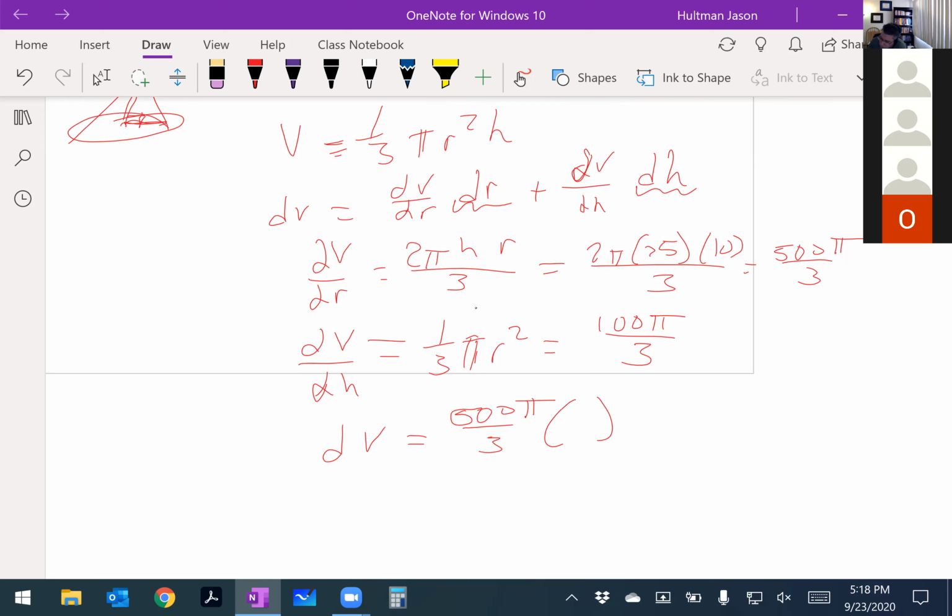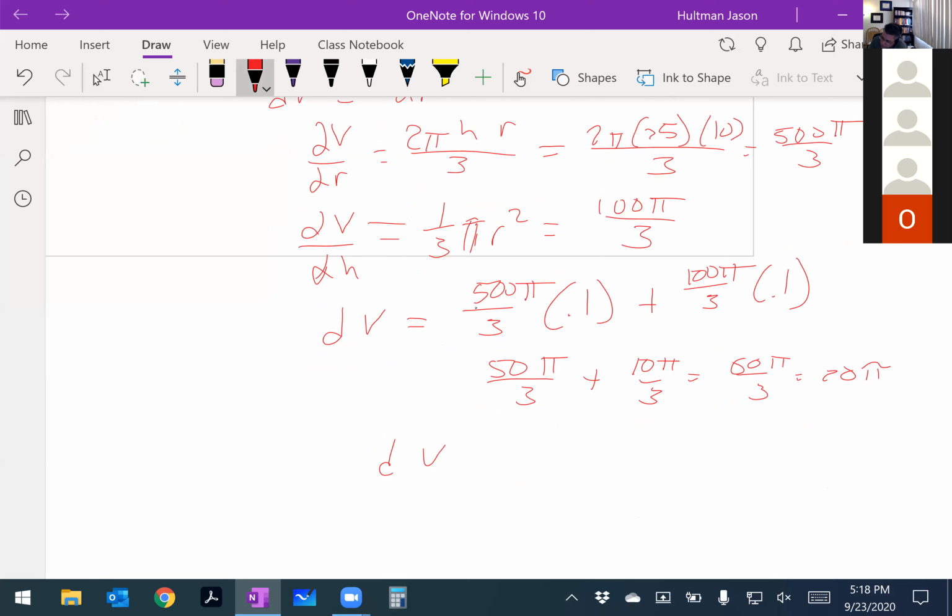I'll write it as 0.1, otherwise you're not going to know what I did. Okay, plus 100 pi over 3 times 0.1. So this is 50 pi over 3 plus 10 pi over 3, which is 60 pi over 3, which is 20 pi.